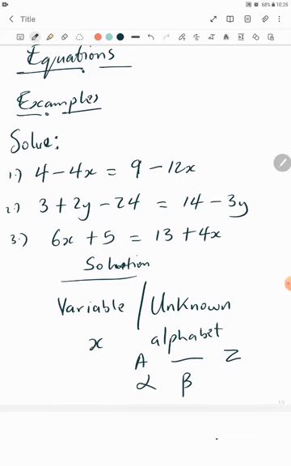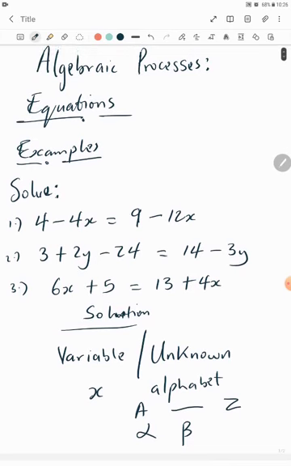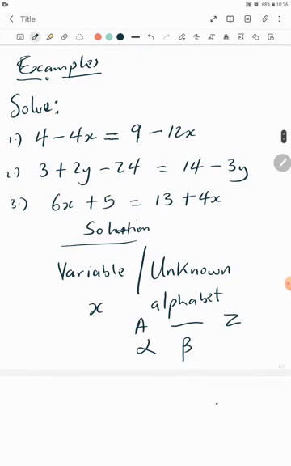So an equation simply consists of an equal sign separating a left-hand side expression from a right-hand side expression, and it contains an unknown or a symbol or an identity whose value we want to find in the equation.